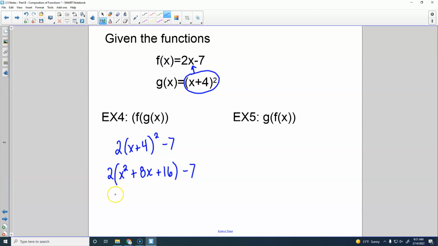Okay, then we'll just distribute here, so we'll get 2x squared plus 16x plus 32 minus 7, so that gives us 2x squared plus 16x plus 25.